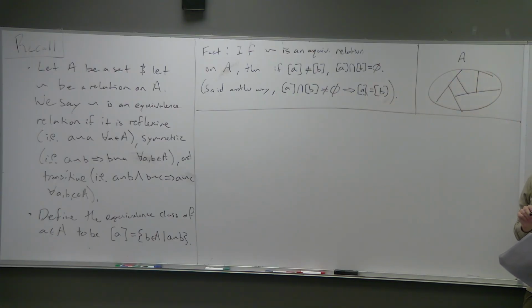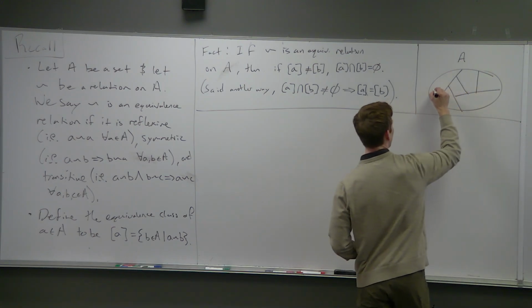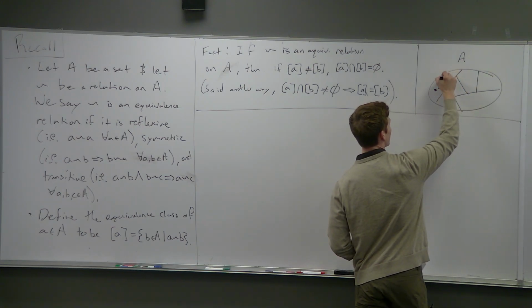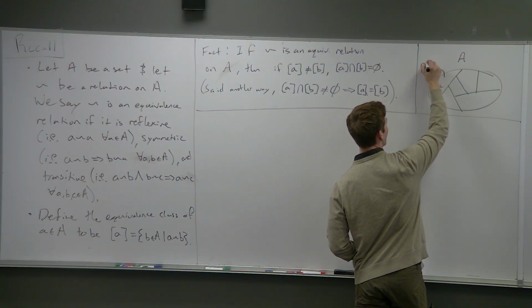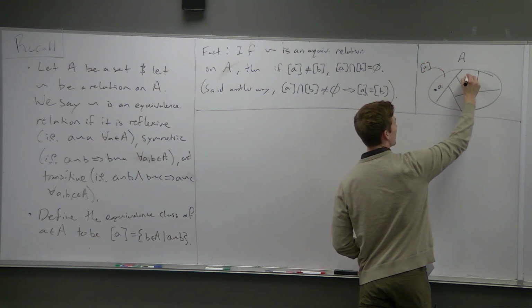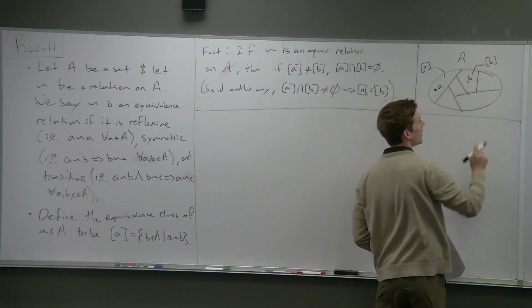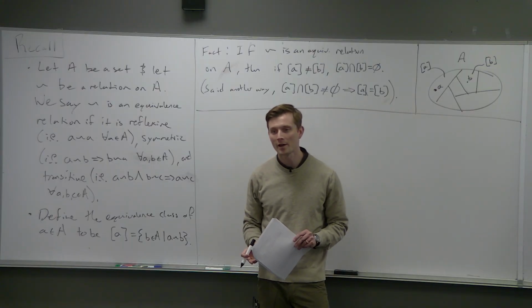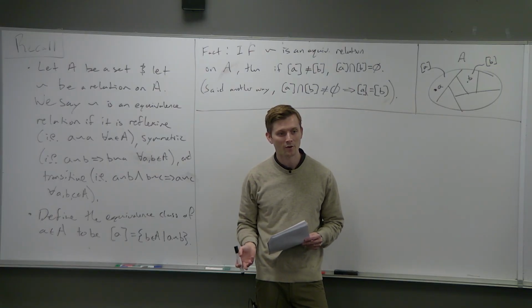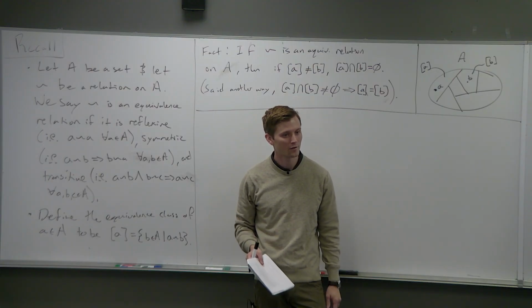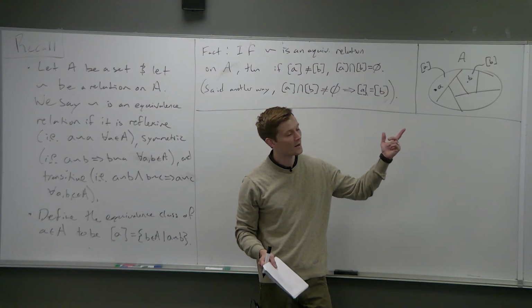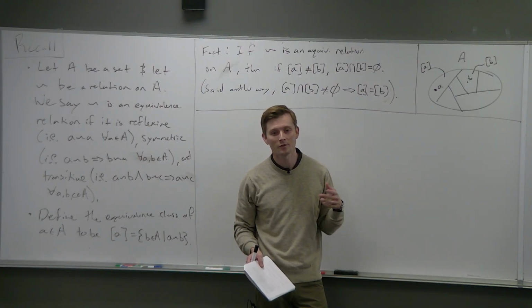For each piece, you can pick any element in there, some A, then this whole piece right here is the equivalence class of that element. If this is B, then this whole piece here is the equivalence class of B. And you can pick whatever thing you want in there to generate the equivalence class. All right, totally fine. And once you do, effectively what the equivalence relation has done is partition the set.